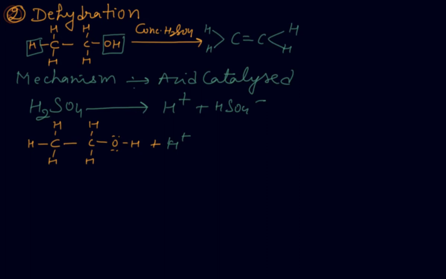The next reaction is the dehydration of alcohol, and here is the important thing. As in the reaction you are watching, I have taken ethanol and encircled the OH and H, and on the arrow I am writing concentrated sulfuric acid. Sulfuric acid has three types of behavior.